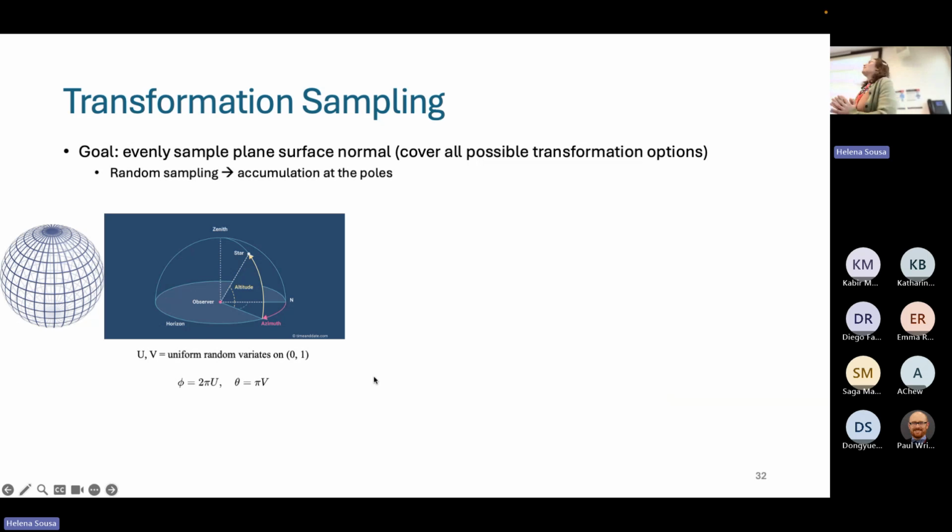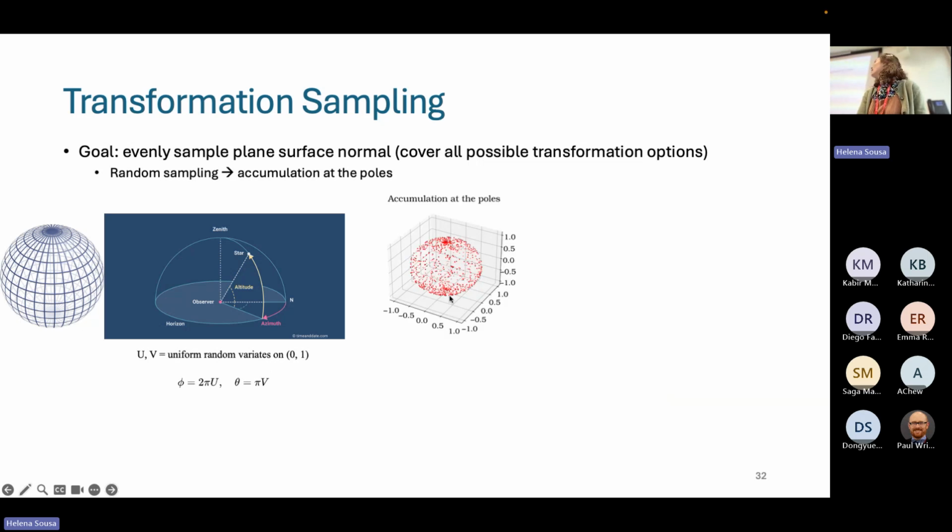The goal in this case is to evenly sample all possible 3D transformations without bias in any specific type of transformation. You can formulate the problem as wanting to evenly sample your plane surface normals across a 3D sphere. If you were to just randomly sample between your azimuth and your elevation angles between their ranges, what you would get is accumulation at the poles because of the curvature of the sphere.